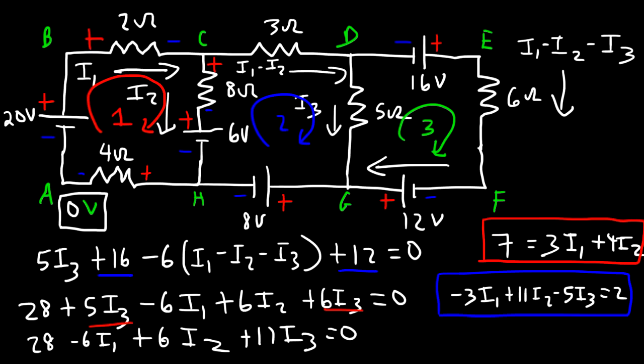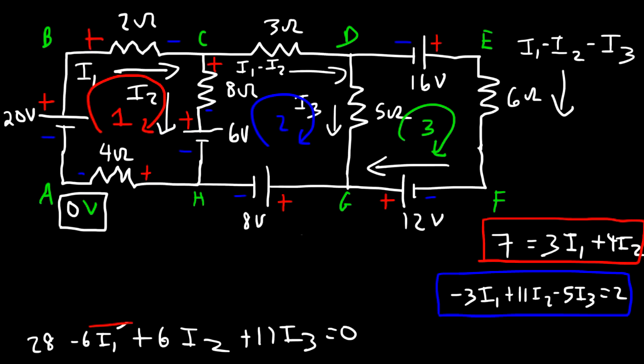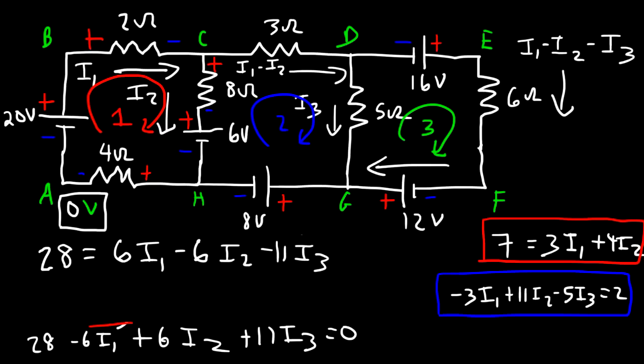And so now we have our third equation. Now what I'm going to do is simply take everything other than the 28 and move it to the other side. So we can write this as 28 is equal to 6I1 minus 6I2 minus 11I3.